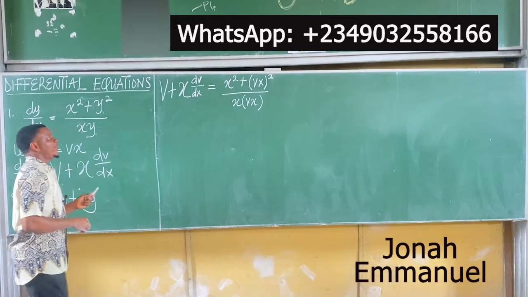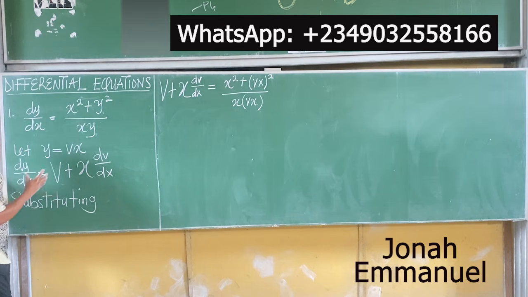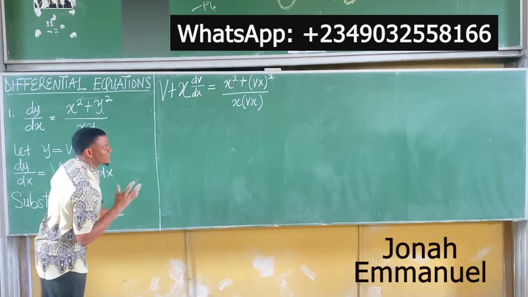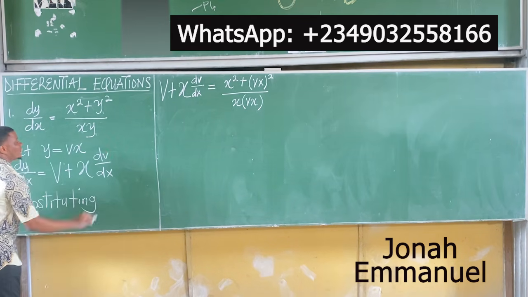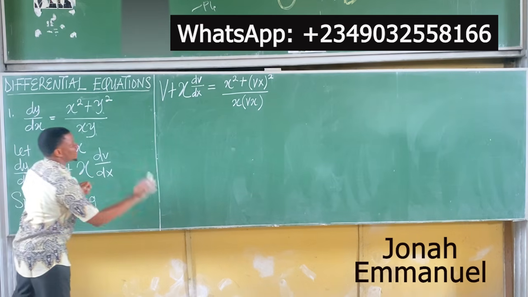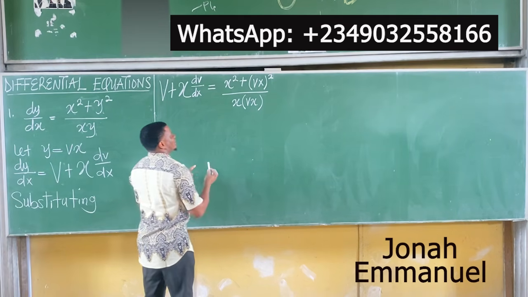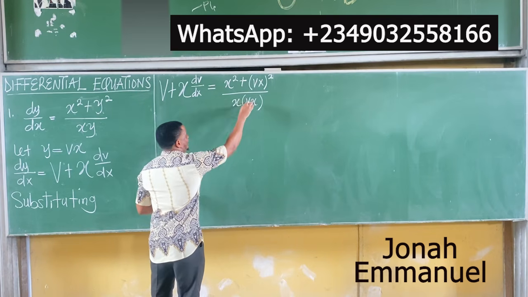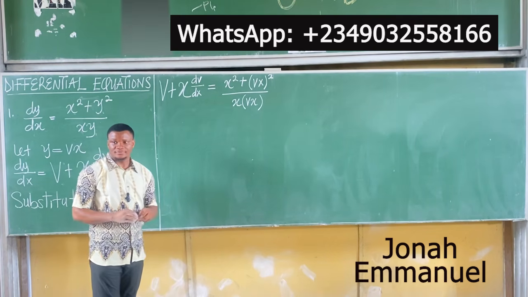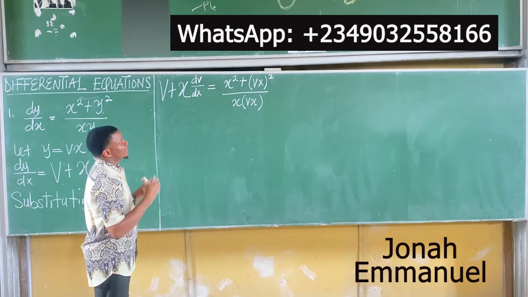So when you substitute y as this and dy/dx as this, the major change you observe is that the equation is transformed from being an equation in terms of x and y to an equation in terms of x and v. No longer y, now v. So you have this. What next?